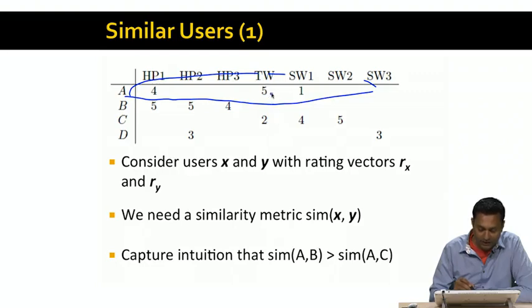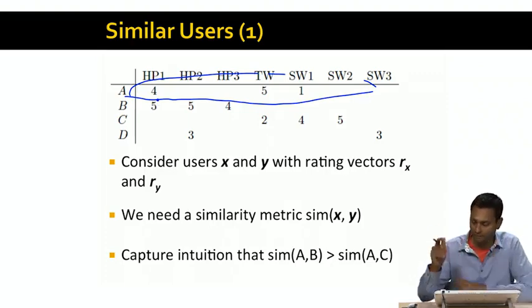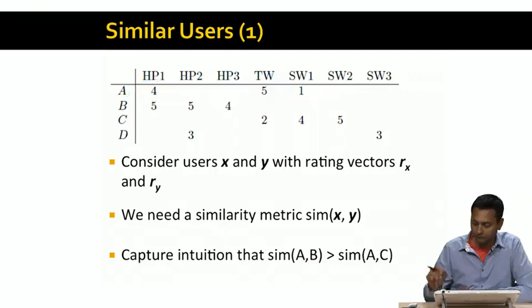A seems to like Twilight, while C doesn't like it, while A hates Star Wars 1, while C loves it. So it seems intuitively that users A and C are dissimilar, while users A and B are similar. And so we'd like to capture this intuition when we define the notion of similarity. We'd like the similarity of A-B to be higher than the similarity of A-C. Let's see how to do this.